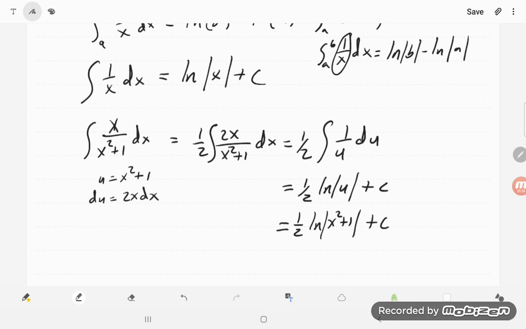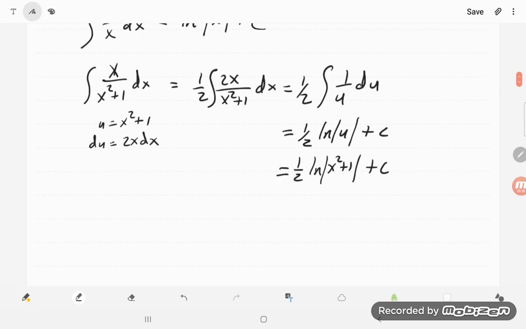Now, in this particular case, because x squared plus 1 is always positive, I could actually now drop those absolute values. But it's not until I realize that the x squared plus 1 is always greater than 0 that it makes sense to drop those absolute values.